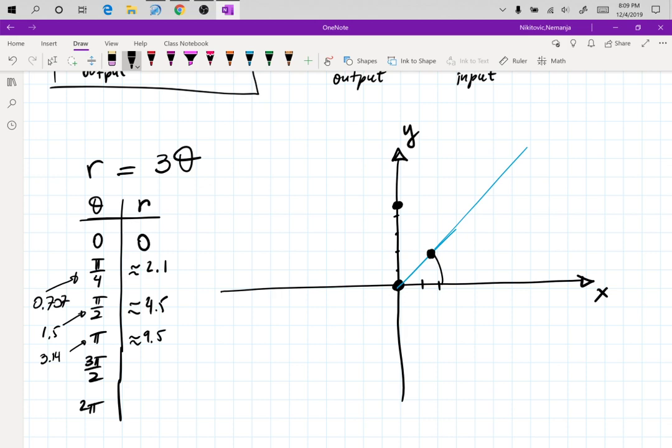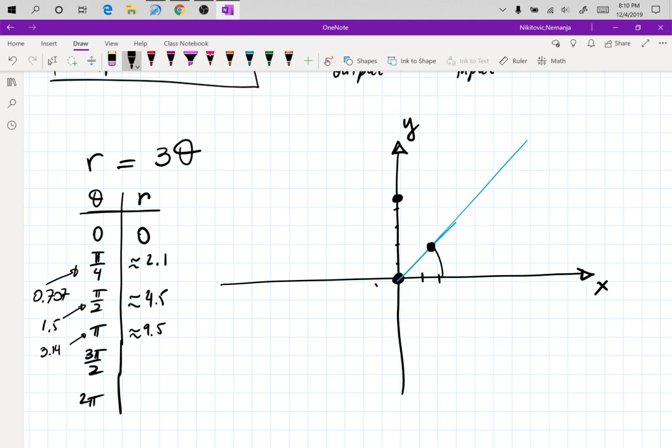So we will go over here and look for 9.5. 2, 3, 4, 5, 6, 7, 8, 9.5. So this is for your pi over 4. This is for your pi over 2. This is for your pi.